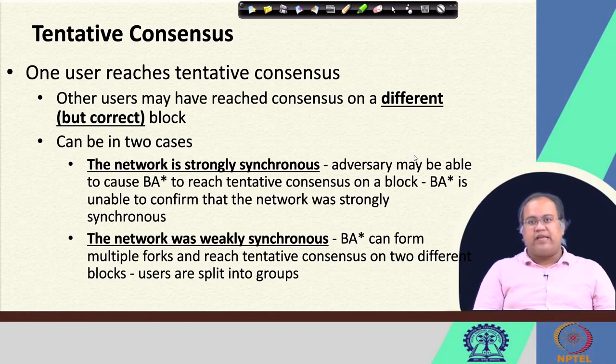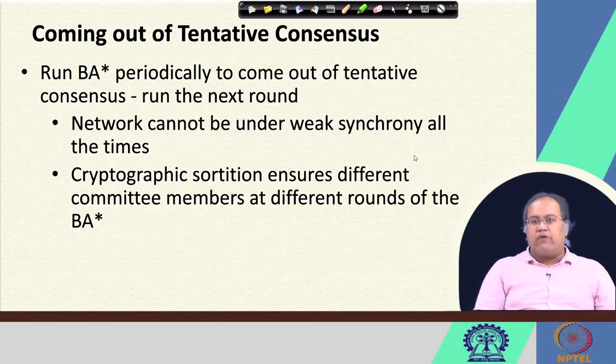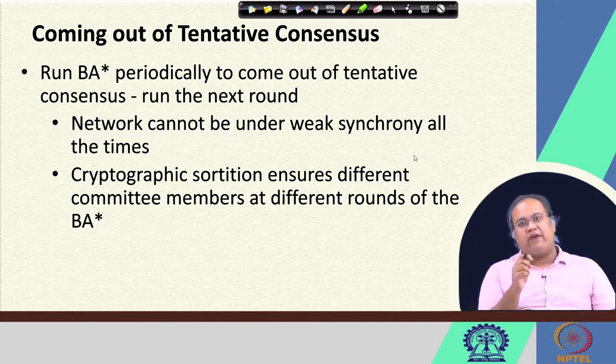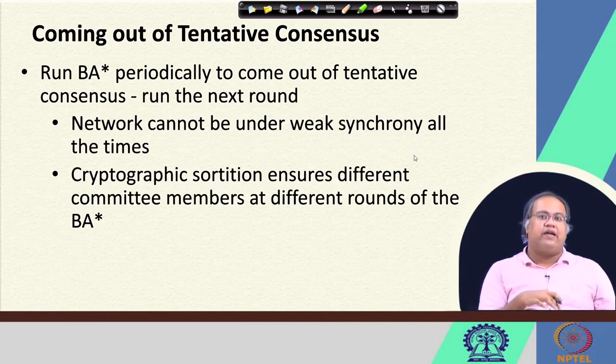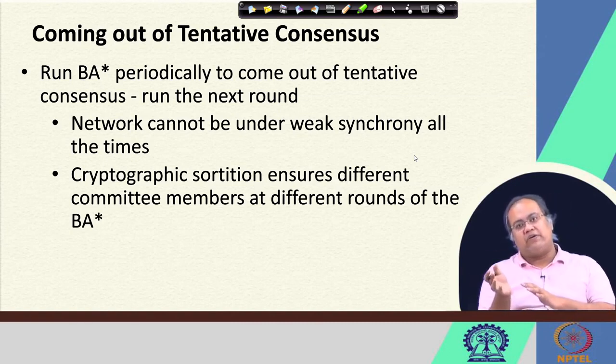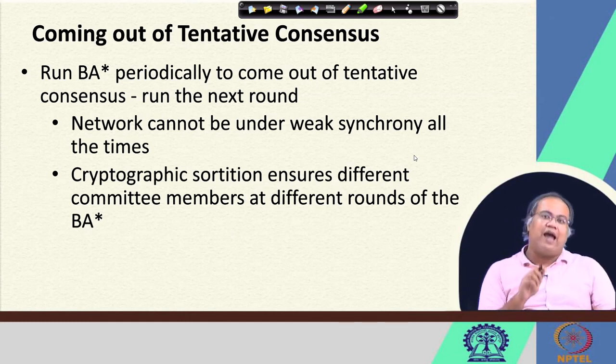So then you have this tentative consensus. From this idea of tentative and final consensus, we understand that if you reach a tentative consensus where the entire network has not agreed on a single block, rather one part of the network agrees on one block and another part agrees on a different block, then I have to somehow come out of that tentative consensus.